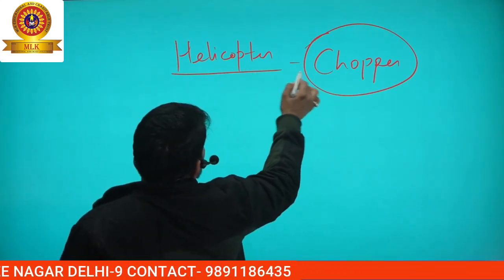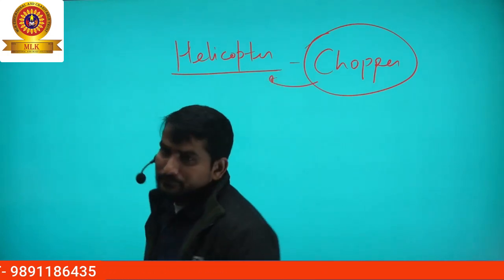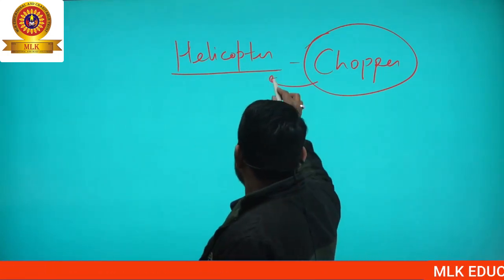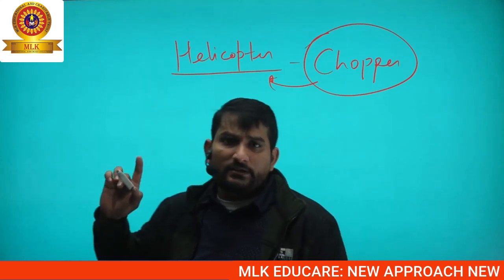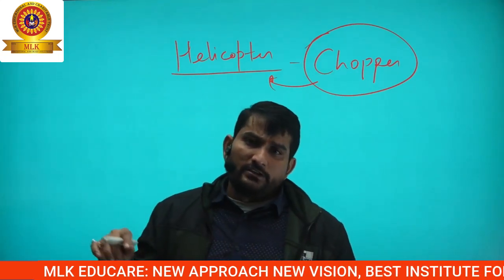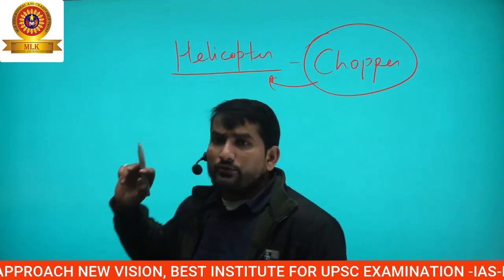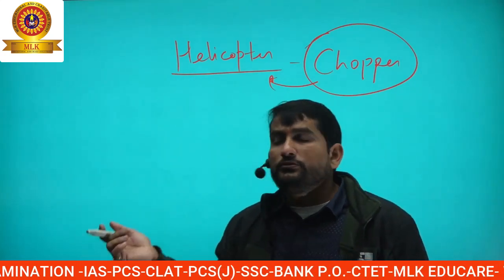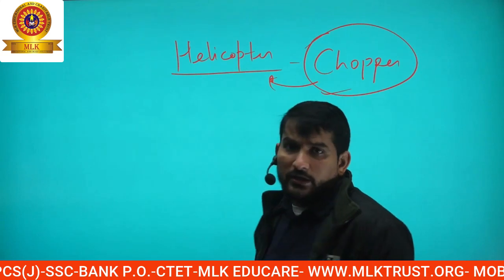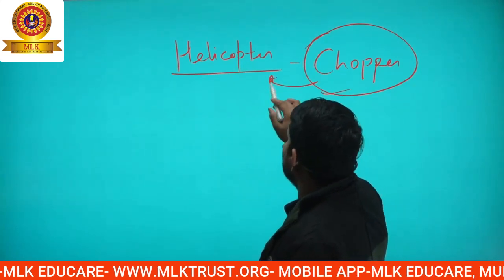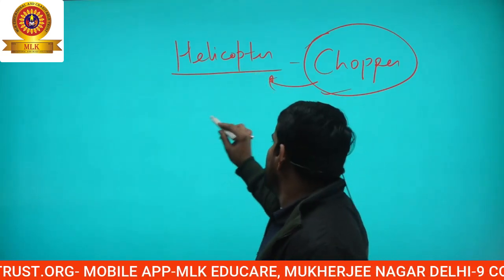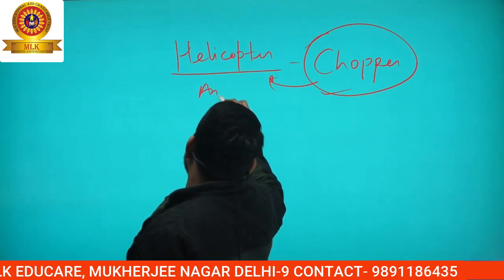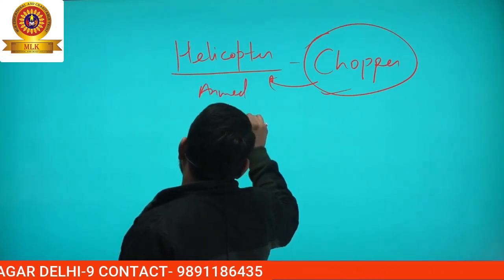A helicopter is the advanced version of the chopper. Advanced in many cases, in the engines used in the helicopter, or you can say advanced in flight at higher altitude than the choppers. And helicopters are also considered armed choppers.